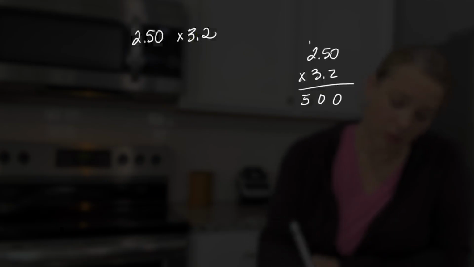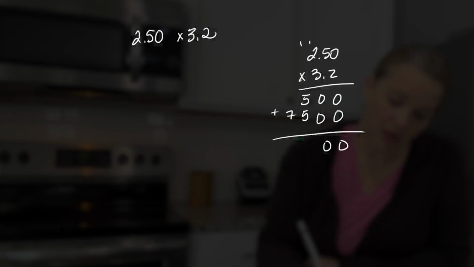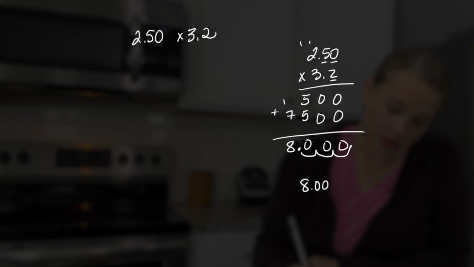Then we move over 1. 3 times 0 is 0. 3 times 5 is 15. Carry the 1. 3 times 2 is 6 plus 1 is 7. Then we add. 0 plus 0 is 0. 0 plus 0 is 0. 5 plus 5 is 10. Carry the 1. We've got 8. And then we have 3 numbers after decimals. So our answer is 8.000.